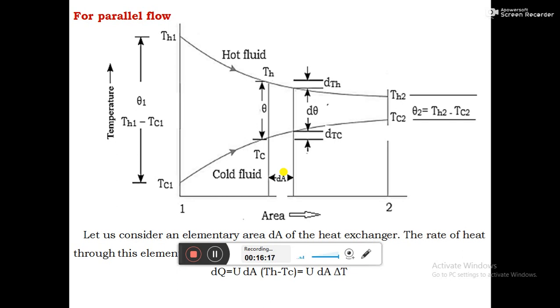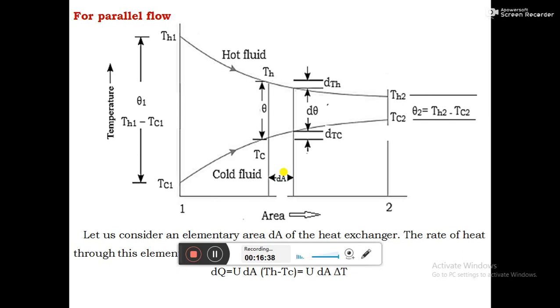Delta T is the temperature difference between the hot and cold fluid, that is Th minus Tc. dq equals U dA (Th minus Tc) gives the amount of heat transfer that is taking place between the hot fluid and the cold fluid in that small elementary area.